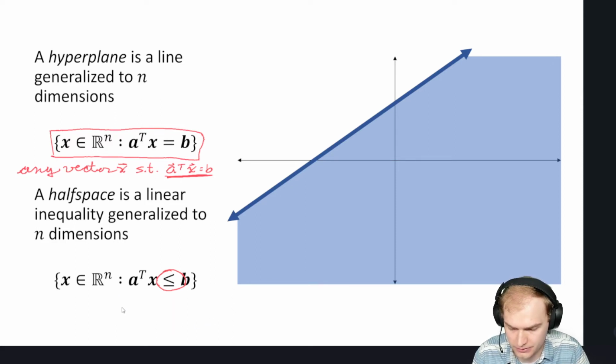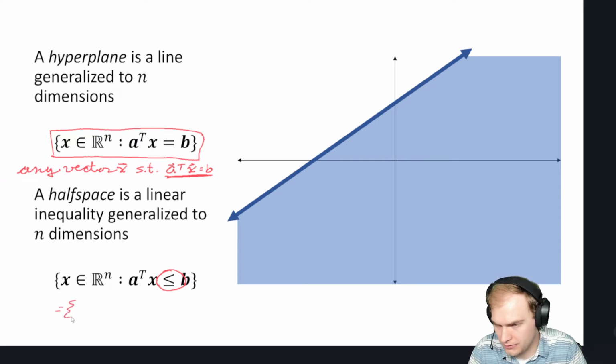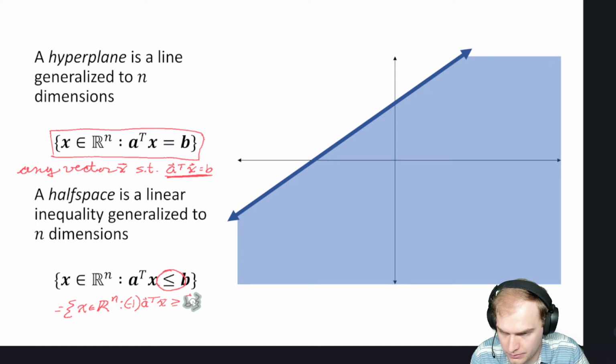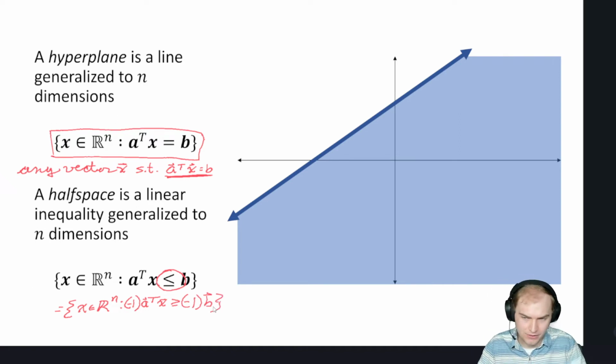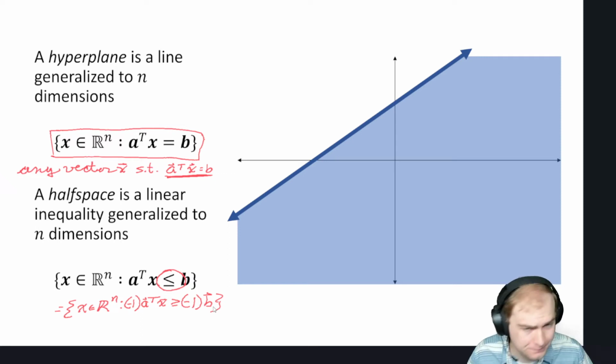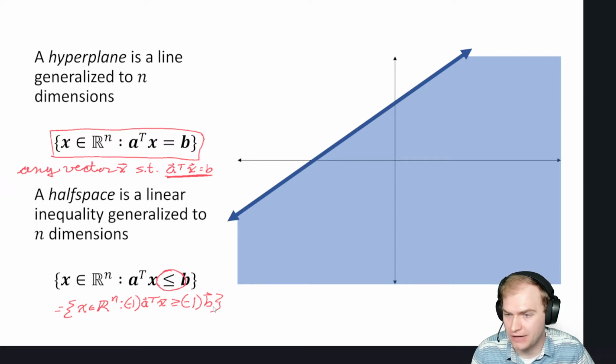So this is equal to the set of all x in Rn such that -1 times A transpose x is greater than or equal to, correction, -1 times b. So those are the same set, and they're both convex, and they're both half spaces.